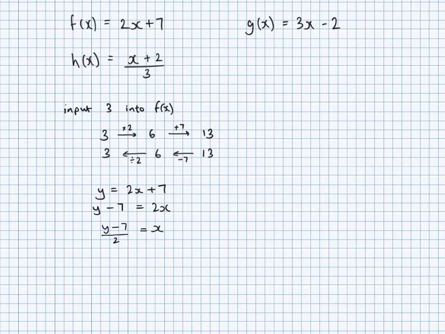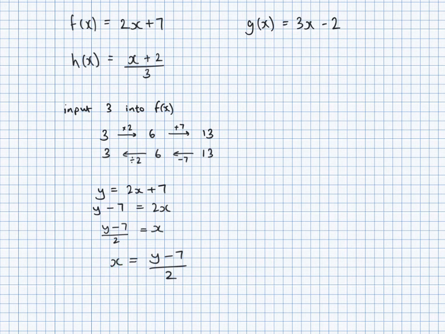I'm just going to rewrite that. x is equal to y take away 7 over 2. Now, we have to think about what the y and the x represent. The y represented the output of my function when I input something into x. The x represents the input.